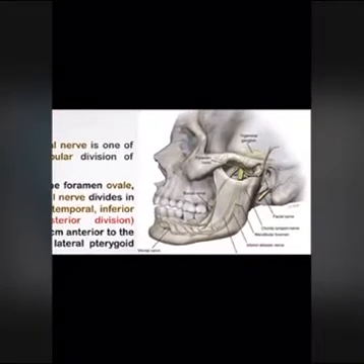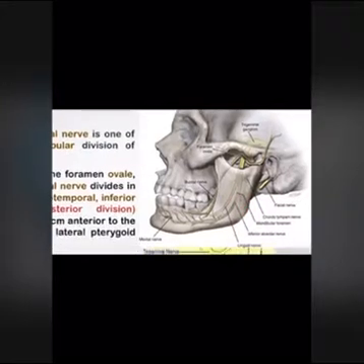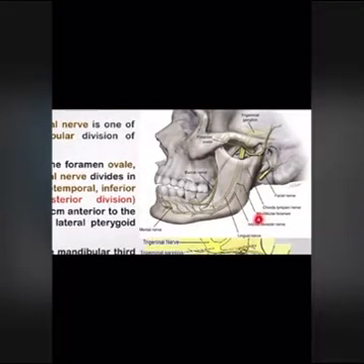You can see the trigeminal ganglion and the foramen ovale. This is the mandibular foramen, the lingual nerve is anterior to the mandibular foramen, and this is the lingual nerve, the buccal nerve, and the mental nerve.